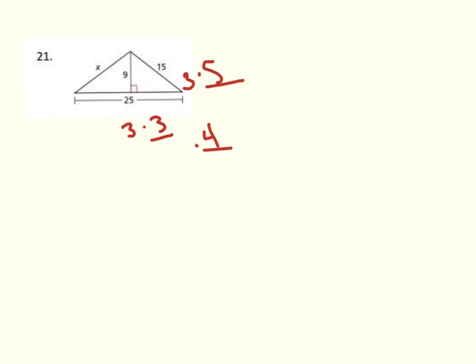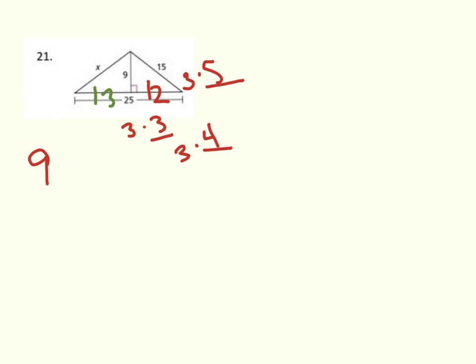So I can get that bottom leg by taking 3 times 4, and I get that this piece right here is 12. Well, if that piece there is 12, then that makes the piece on the left side 13, because 12 and 13 would add up to 25. Now I can find x. X is my hypotenuse.